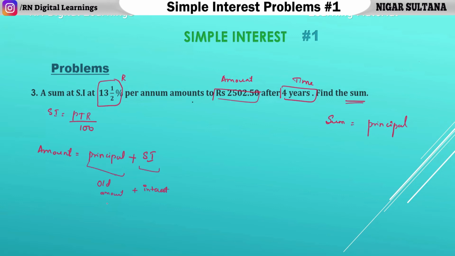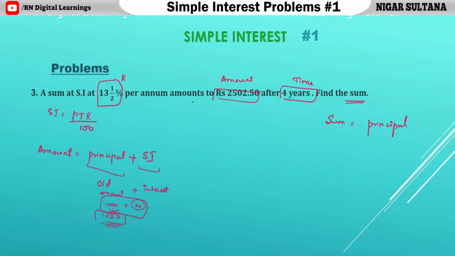Suppose I have deposited 1000 rupees, and I'll be getting 20 interest, right? So this will be 1020 I'll be getting. So 1000 is the amount which I have deposited as principal, and 20 is the interest amount I'll be getting. So I'll be getting this whole amount, the 1000 I have deposited and 20 interest.